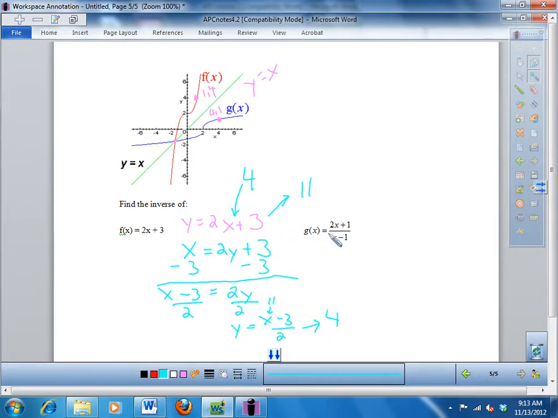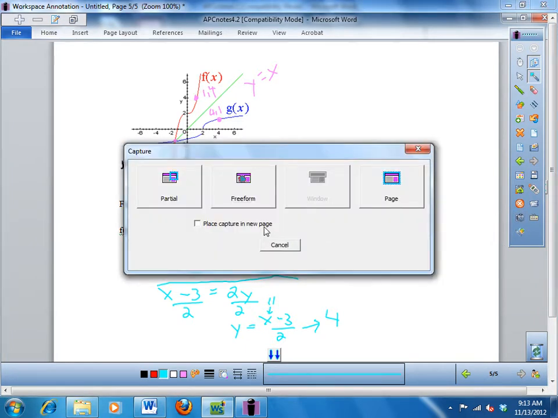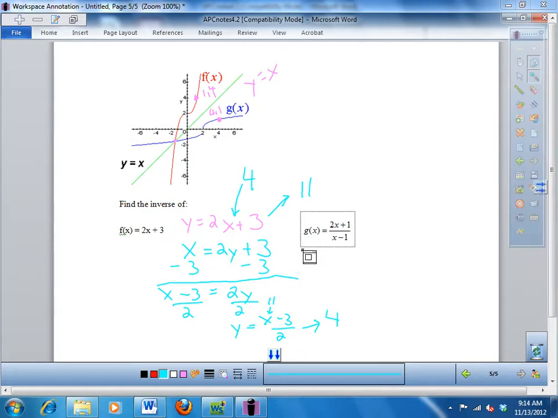With this one, it's more tricky. You have to be good at math to know how to do this. Let me show you.